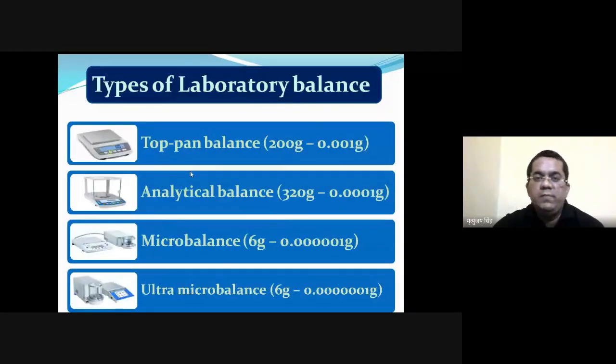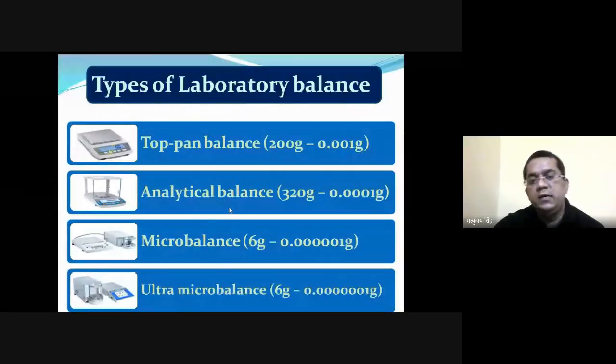The types of laboratory balance are: the top pan balance, top loading balance, analytical balance, which is mostly used in laboratories, micro balance, and ultra micro balance. These micro and ultra micro balances are for weighing minute quantities. A top loading balance has a capacity of 200 gram, and the lowest value it can measure is 1 mg or 0.001 gram.